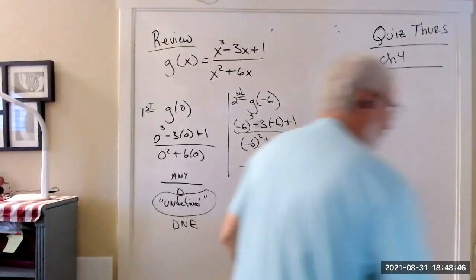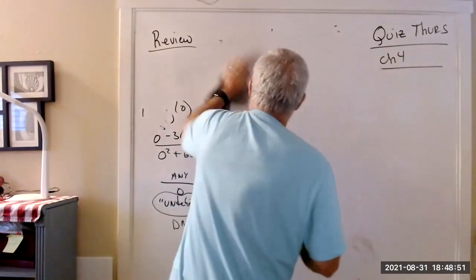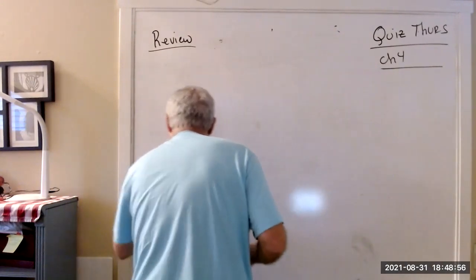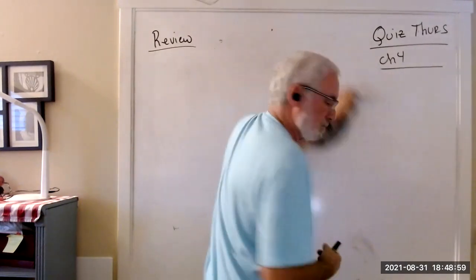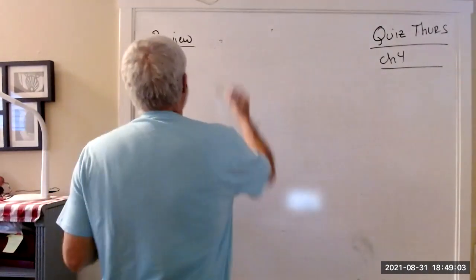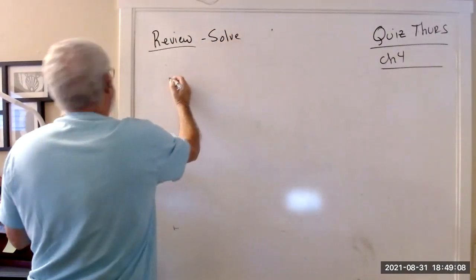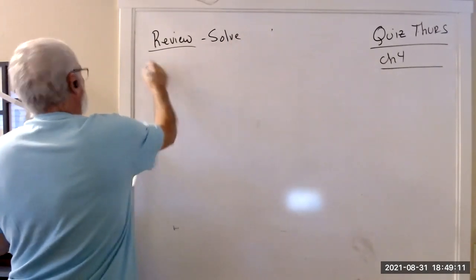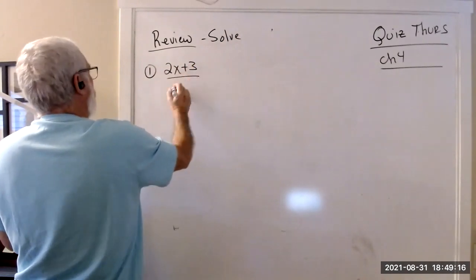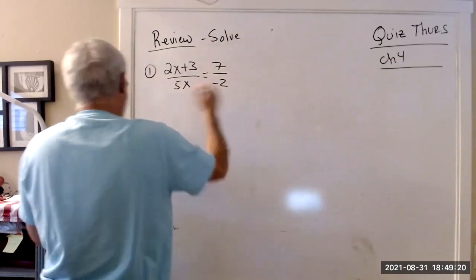Okay, cool. Then still in review mode, I want you to solve as many of these as you can. Okay, number 1, 2x plus 3 over 5x equals 7 over negative 2.